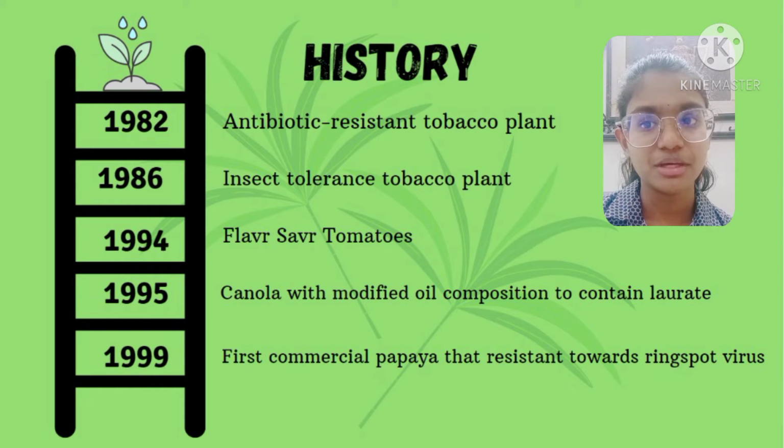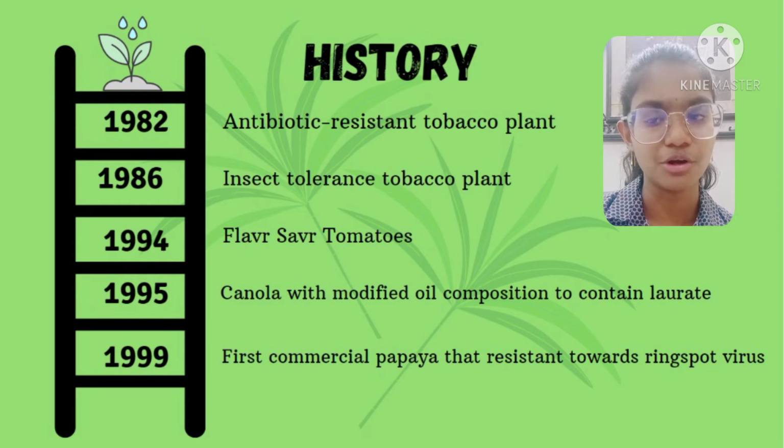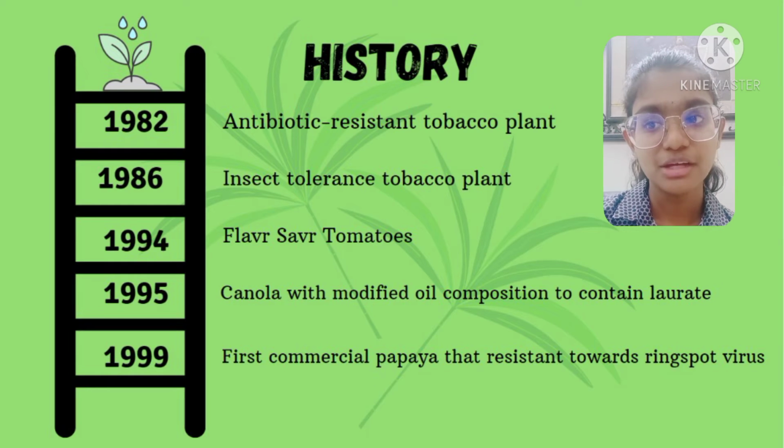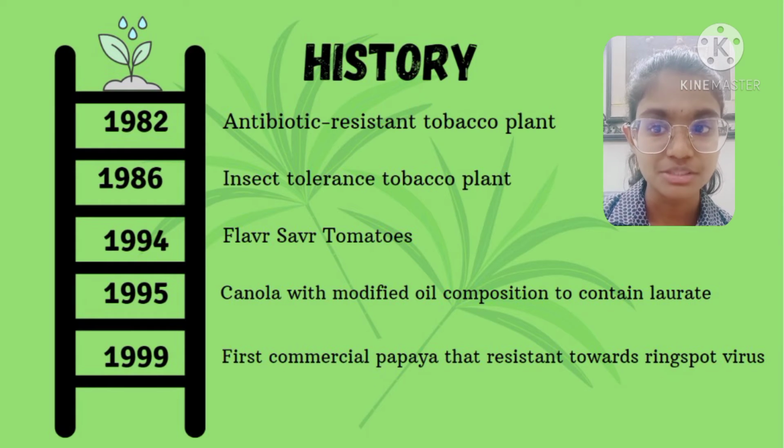This was bred with a deactivated gene that kept the plant from producing polygalacturonase, which is an enzyme that is the starting point for rotting.